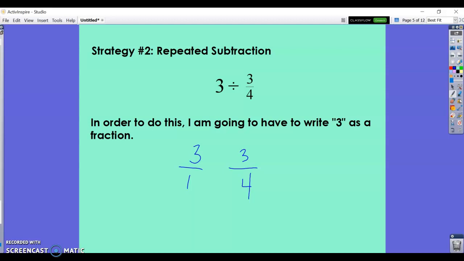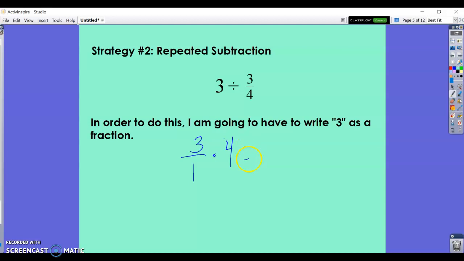So think for a second, how do you make 3 over 1 with a denominator of 4? Okay, if you're thinking about multiplying by 4, you would be correct. So we're going to take our fraction 3 over 1 and we're going to multiply both the numerator and the denominator by 4 because that is our common denominator.